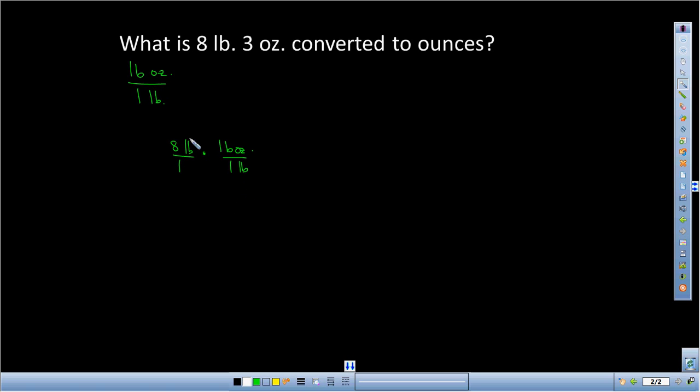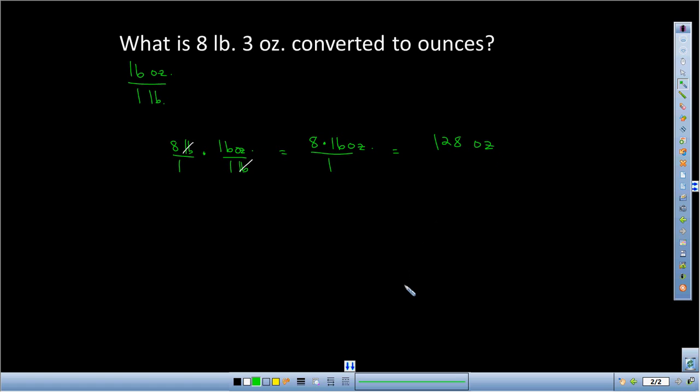When we do that, the pound units cancel, and we're left with 8 times 16 ounces, all divided by 1 times 1 is 1, and that gives us an amount of 128 ounces.